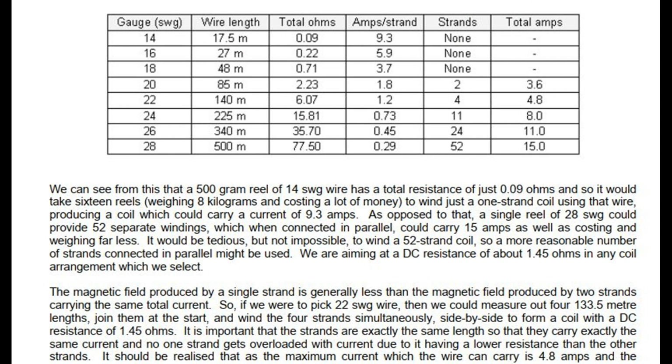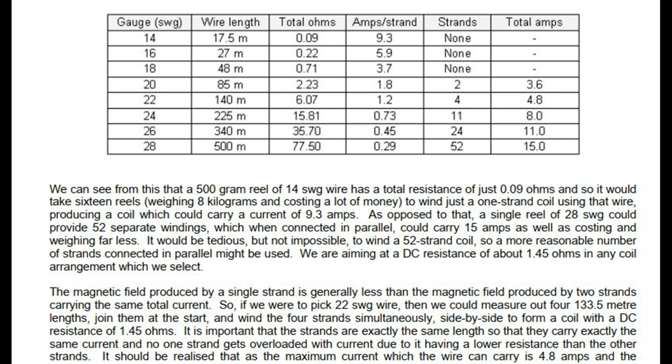We can see from this that a 500-gram reel of 14 SWG wire has a total resistance of just 0.09 ohms, and so it would take 16 reels, weighing 8 kilograms and costing a lot of money, to wind just a one-strand coil using that wire, producing a coil which could carry a current of 9.3 amps.